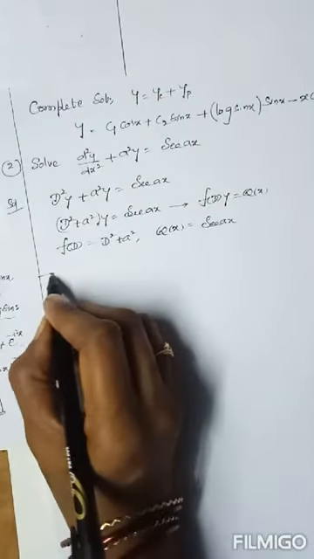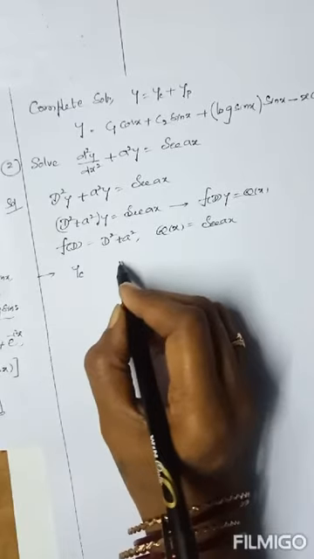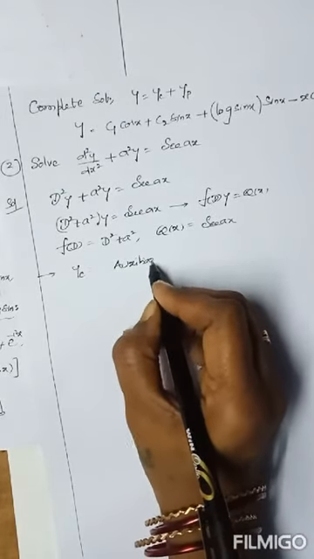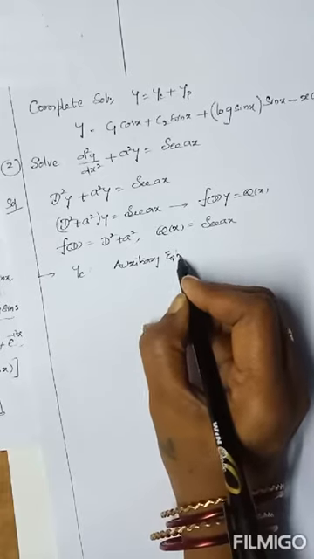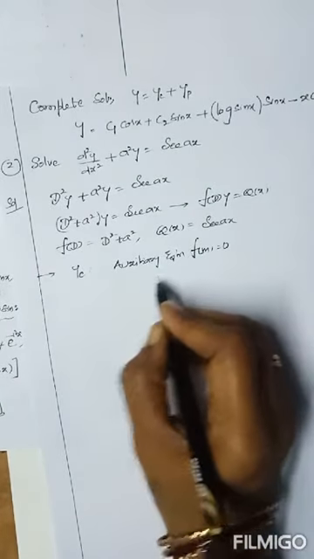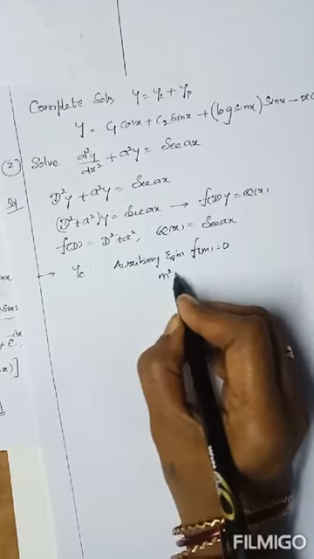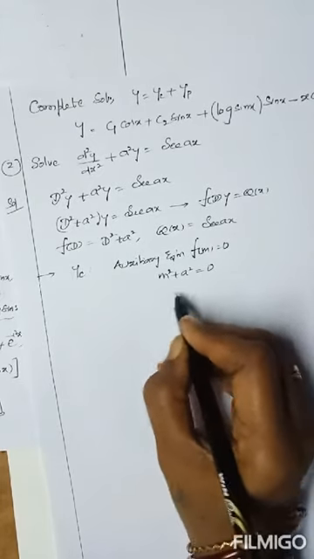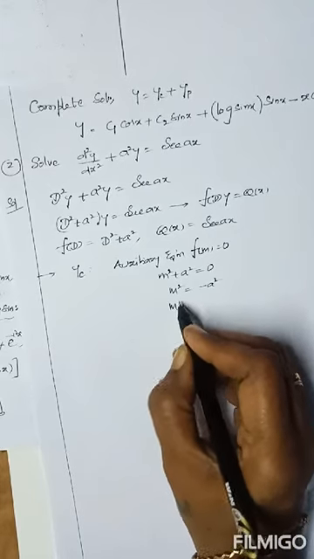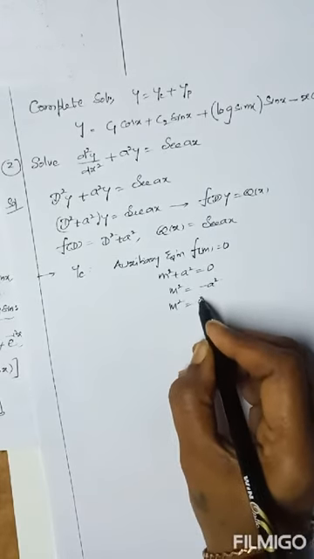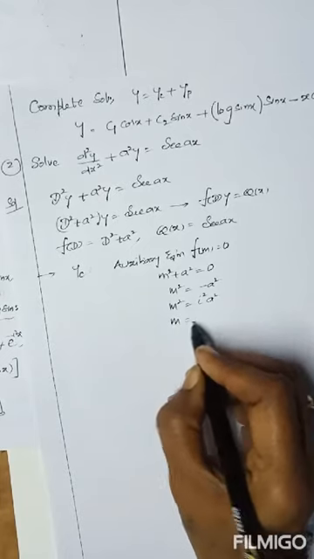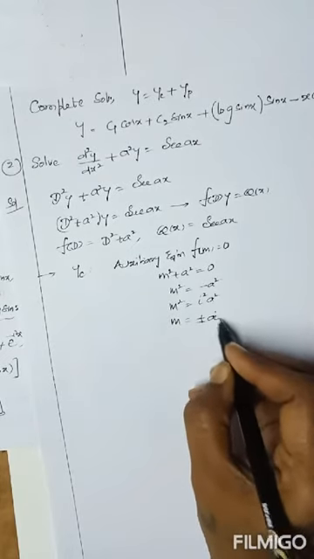So first yc. For yc, you have to consider the auxiliary equation f of m equal to 0. Now m square plus a square equals 0, so m square equals minus a square, and m equals plus or minus ai.